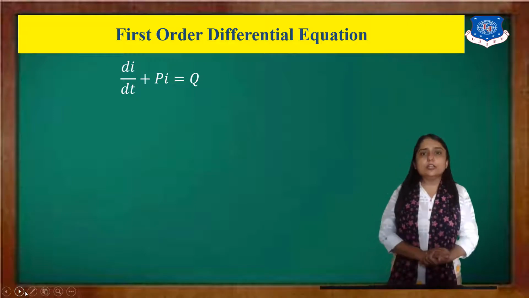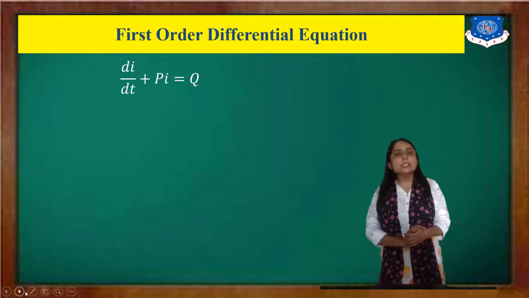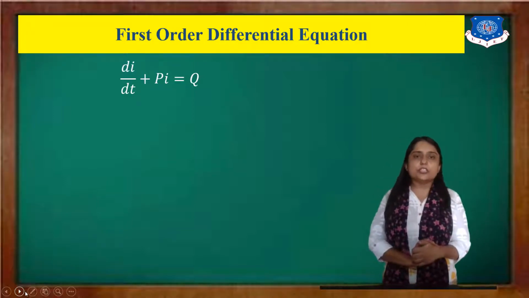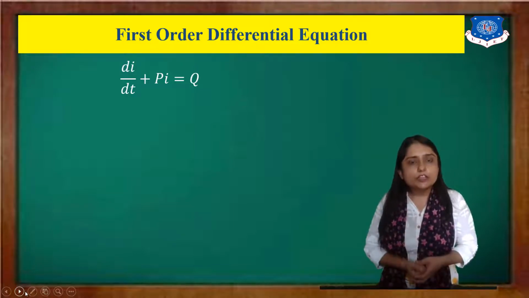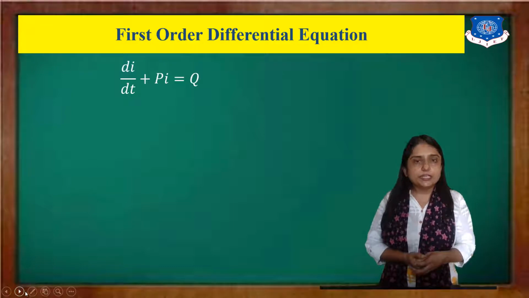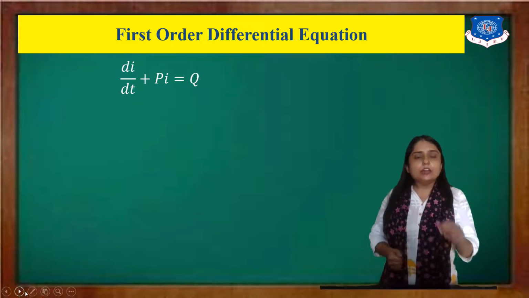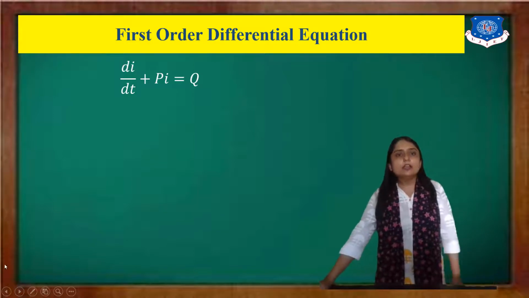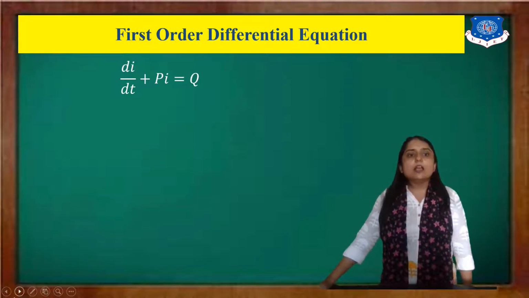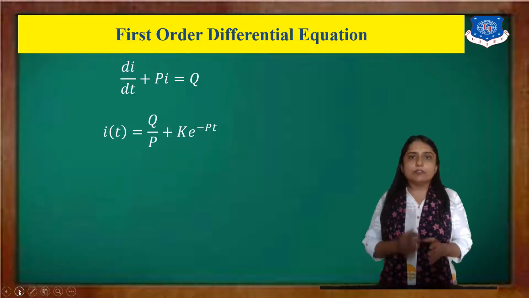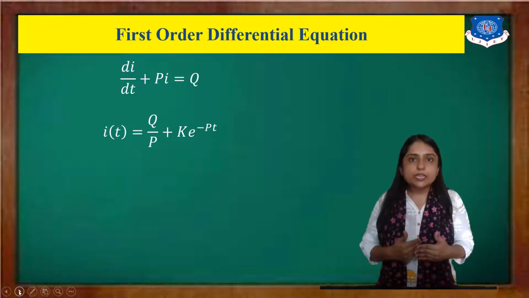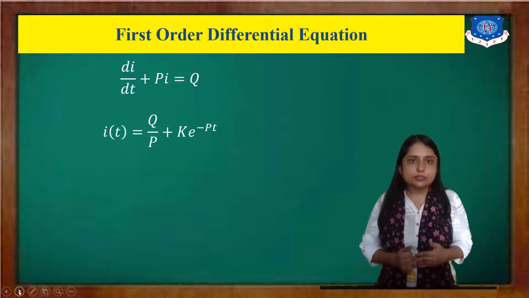Now, the first order differential equation: the power of the differentiation is 1 because it's first order. So our equation is di by dt plus p into i equal to q, and you already studied the solution: the value of i of t will be q by p plus k e raised to minus pt.